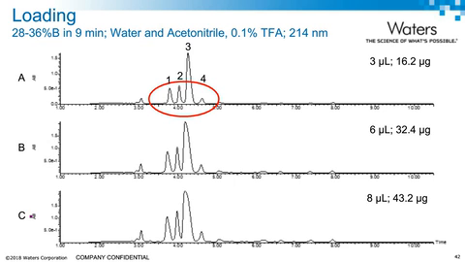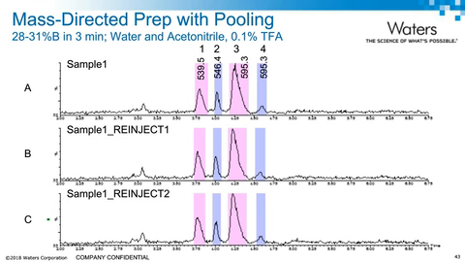Because of the compositional accuracy in the pumping mechanism and the injection precision with the H-Class system, I was able to reduce the gradient range even further and run a gradient from 28 to 31% B in 3 minutes.